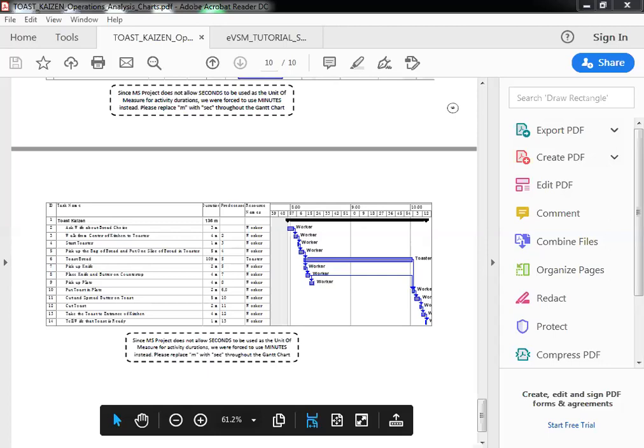So now you can see where different elements of the production system are waiting or bottleneck, right? If you look at it from the product point of view, it will be bread and butter. If you look at the resource point of view, it's the worker. If you're looking at the machine point of view, it's the toaster. If you're looking at the tools, the knife.